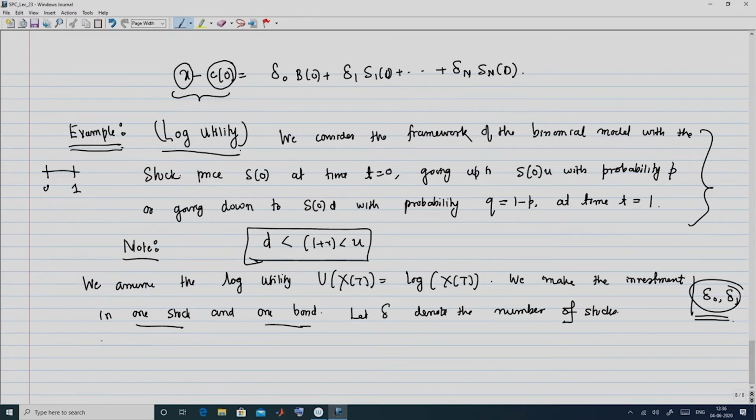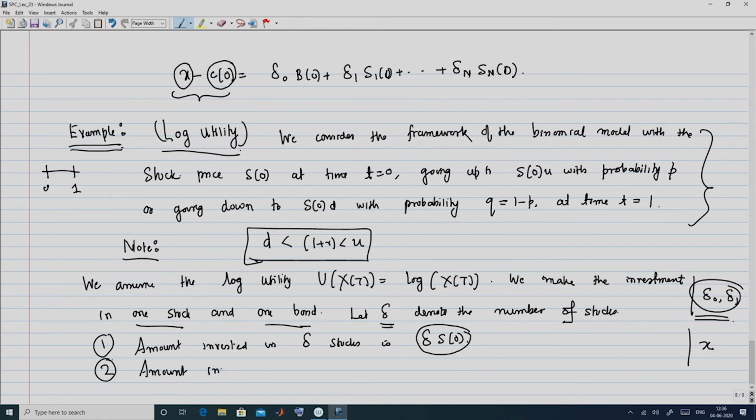Okay, so, as a consequence of this, what happens? We observe that if you buy delta number of stocks, then the total amount invested in stocks is delta into S0, and remember that we had an initial amount of x, out of which we have invested delta S naught in the stocks. So, as a result, the remaining amount invested in bond is x minus delta into S naught.